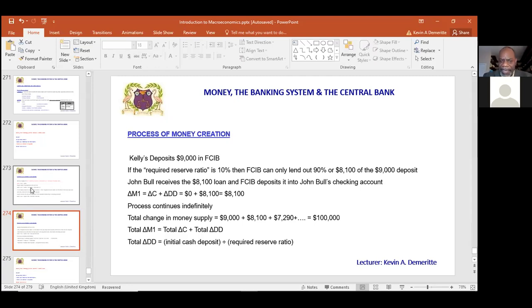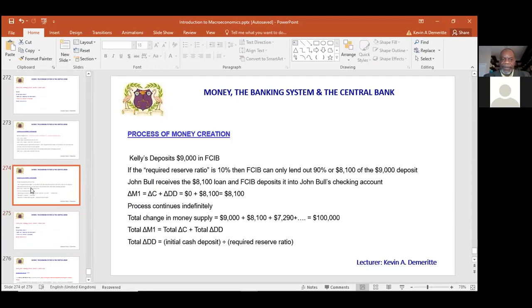So when we add everything up, we're looking at the total change in the money supply: the total change in our cash plus the total change in demand deposits. Think about this. We started off with 10,000, our original deposit. And we lent out 90% of that each time that money went through the banking system, through our economy.